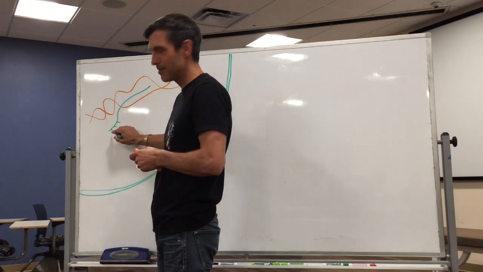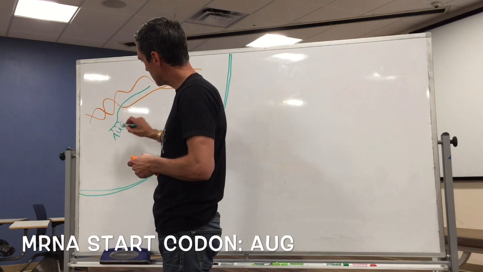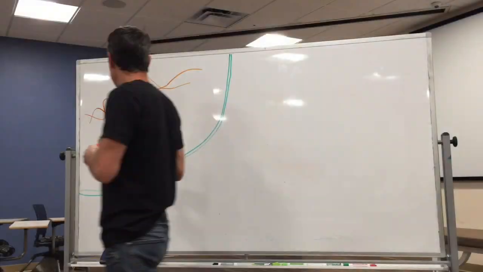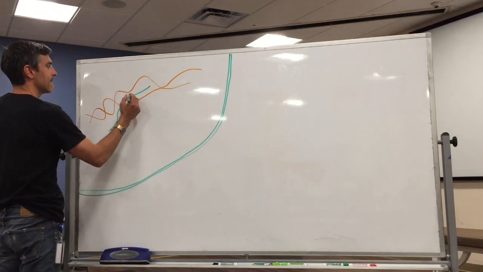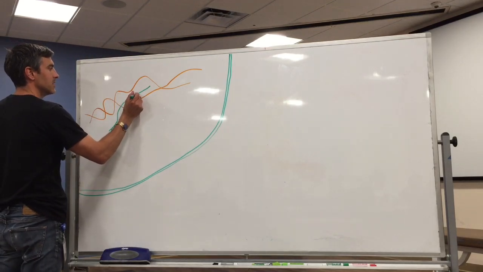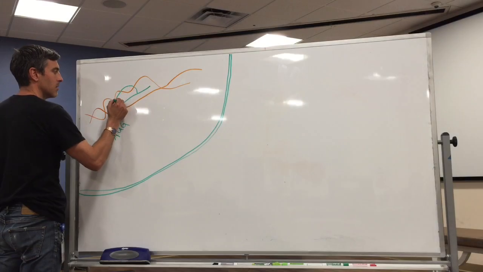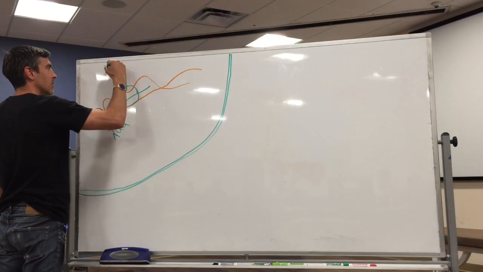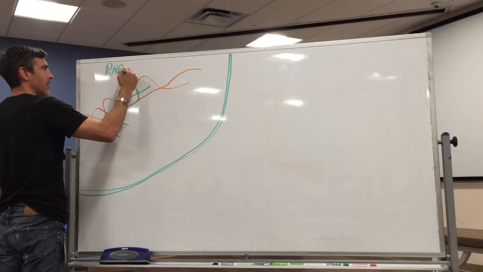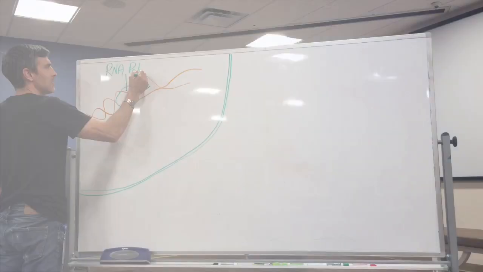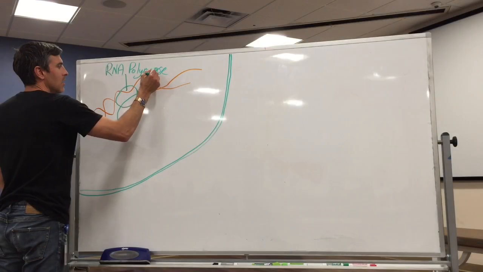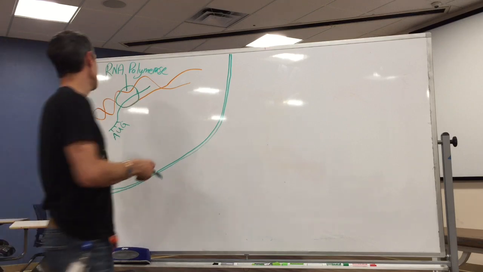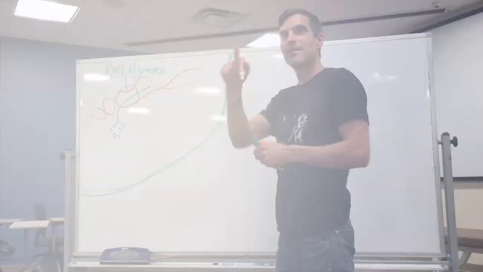What is this going to be? AUG. Okay, so what is sitting in here? That's right, RNA polymerase. How did the RNA polymerase know where to go?